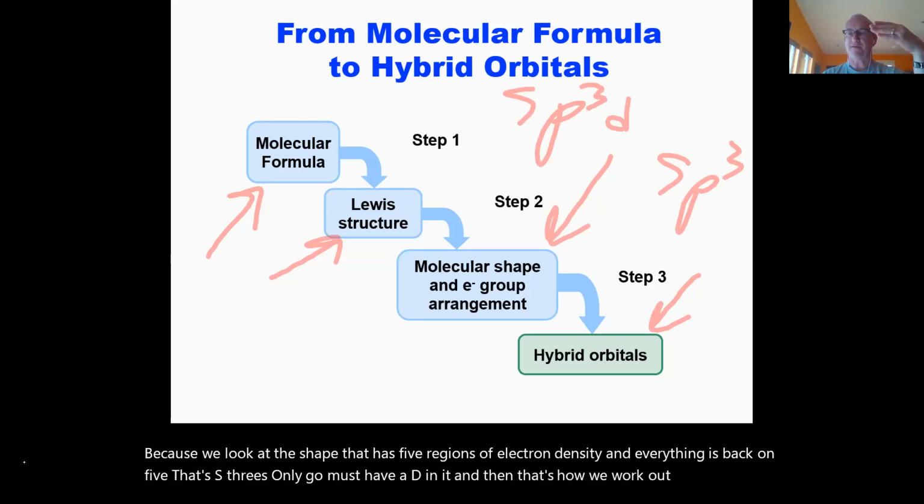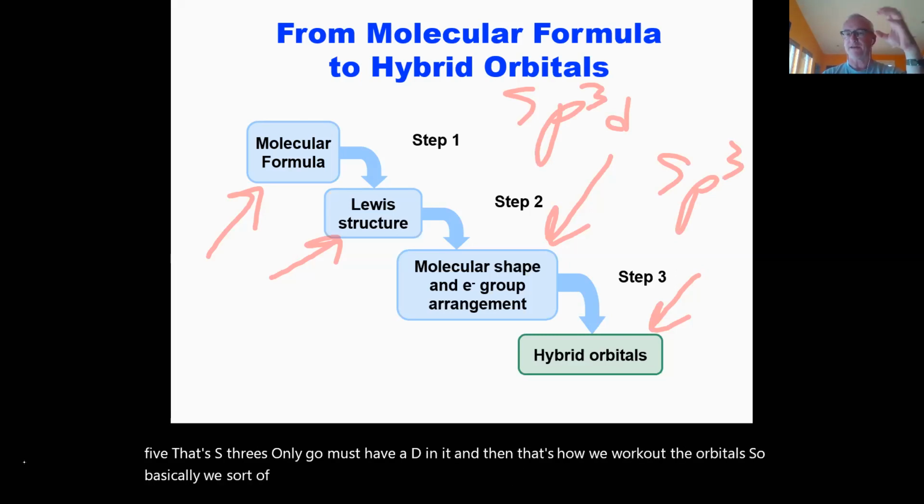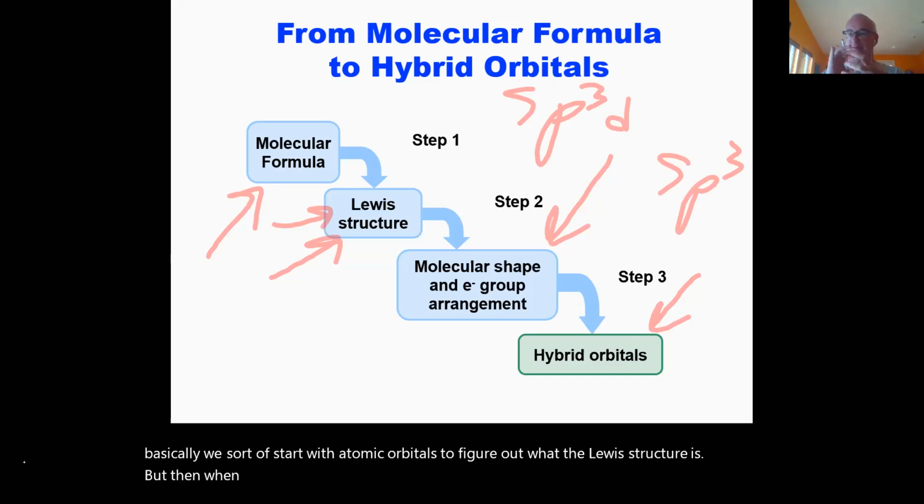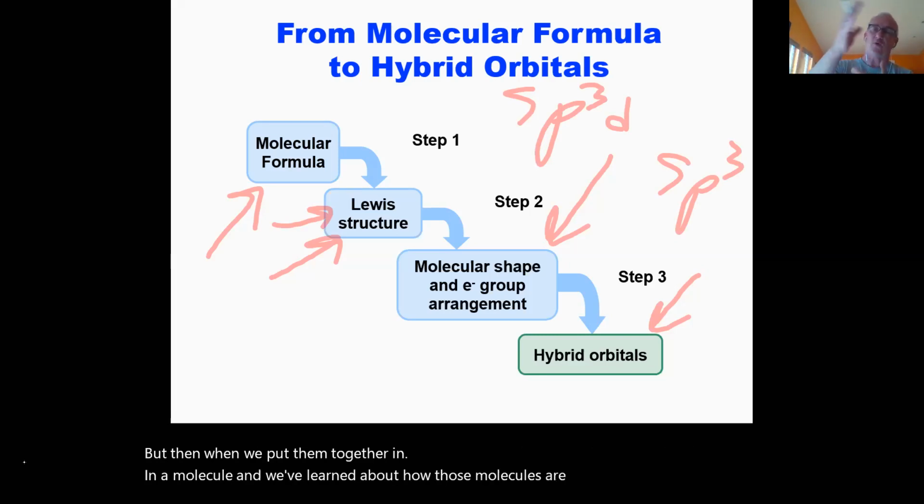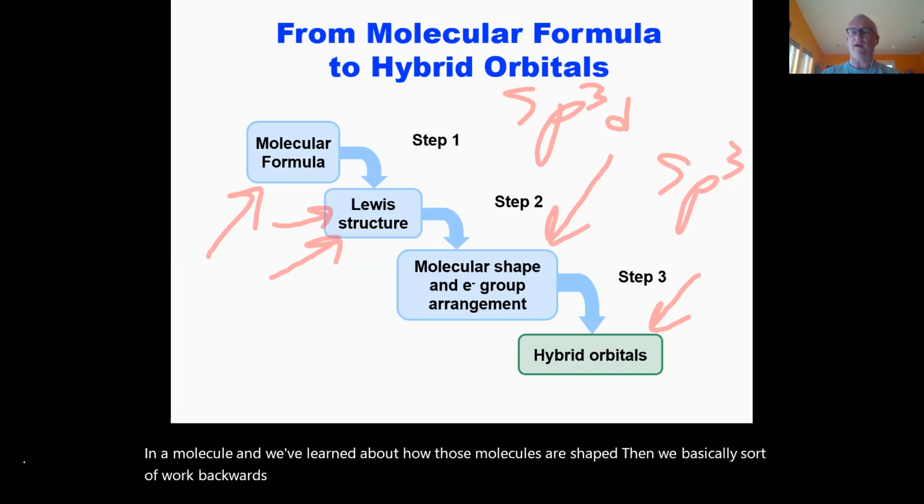So basically, we start with atomic orbitals to figure out what the Lewis structure is. But then when we put them together in a molecule, and we've learned how those molecules are shaped, we work backwards a little bit and figure out what the molecular orbitals must look like.